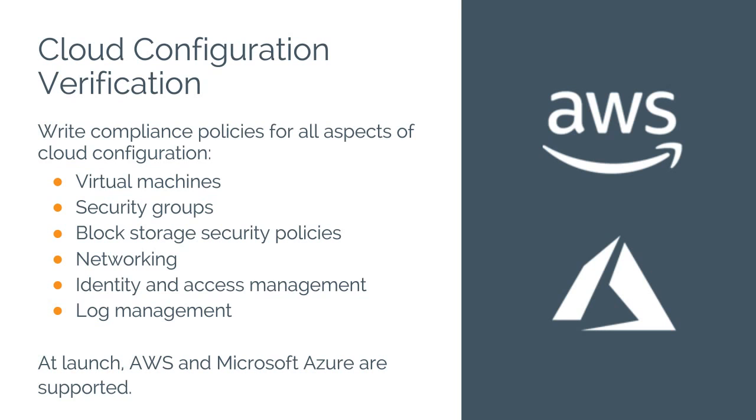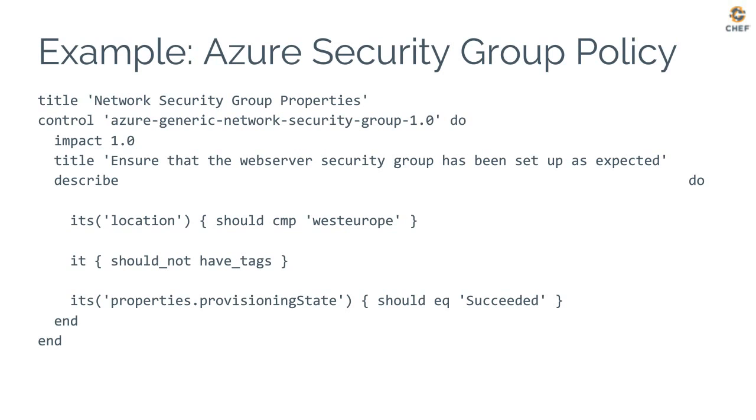Things like unprotected storage buckets that we need to ensure are not publicly accessible. We can validate now with InSpec to ensure that they don't become the way that our data could be put in jeopardy. So for a quick example, right now our cloud resources are supporting Amazon Web Services and Microsoft Azure.